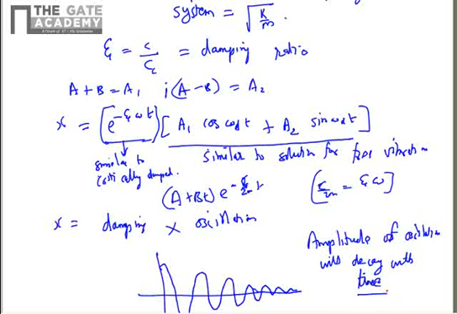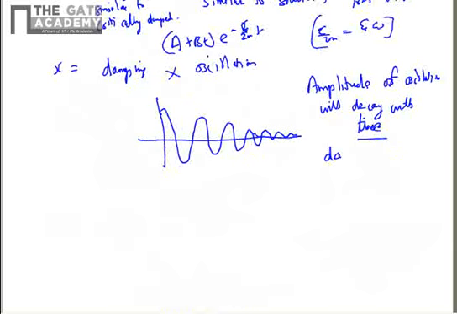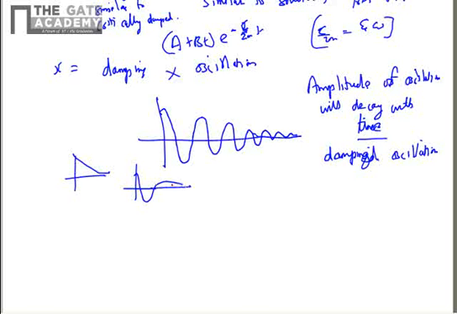The amplitude of oscillation is decaying with time. So these are called damped oscillations in practice. In the earlier two cases, overdamped and critically damped, you get no oscillation, just a straight function like this or like this, but it just reduces. But in the underdamped case, you get oscillation, the amplitude of which will decay with time.